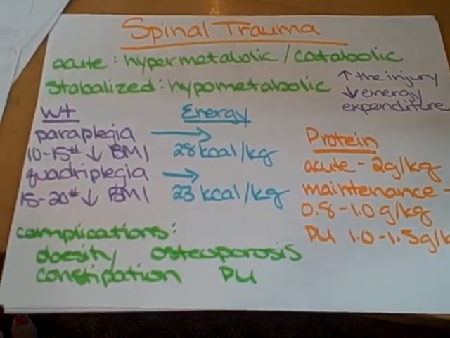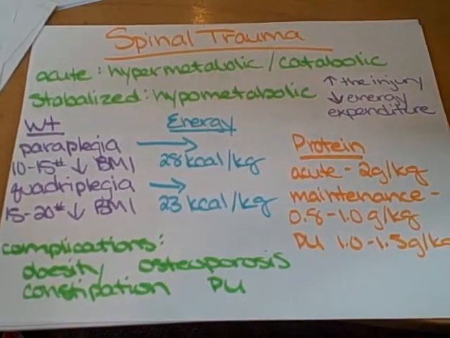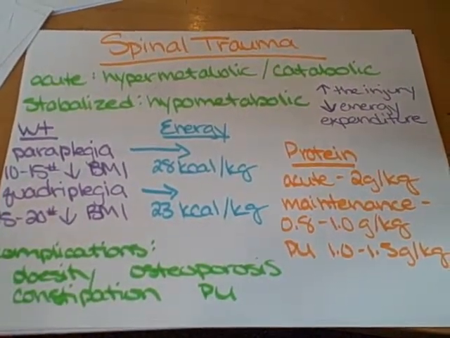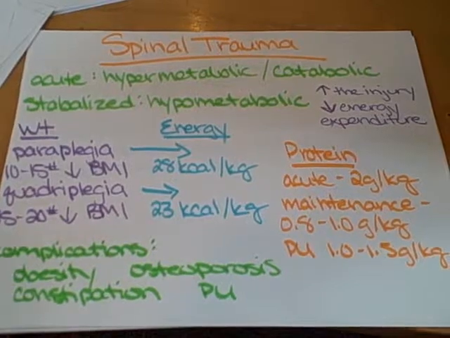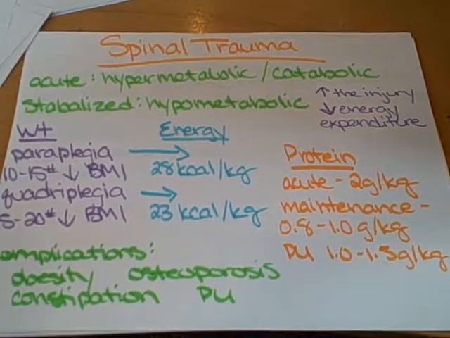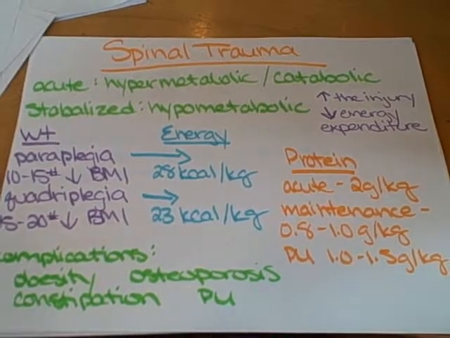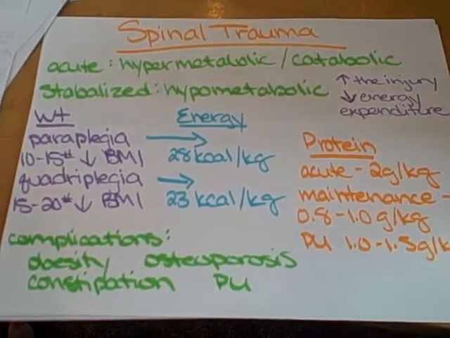Spinal trauma. In acute spinal trauma, we're going to see a hypermetabolic and catabolic state in patients, and in stabilized patients, it's going to be hypometabolic. The higher the injury on the spinal cord, the less energy expenditure that the patient's going to see.